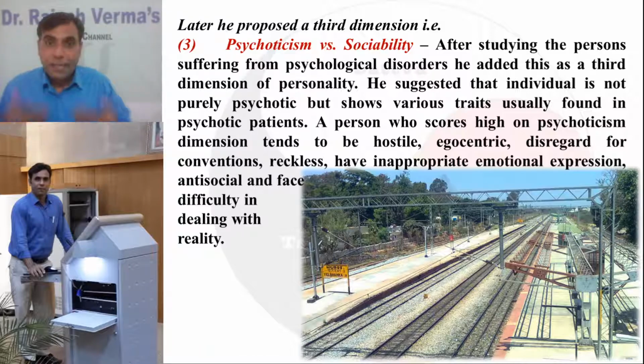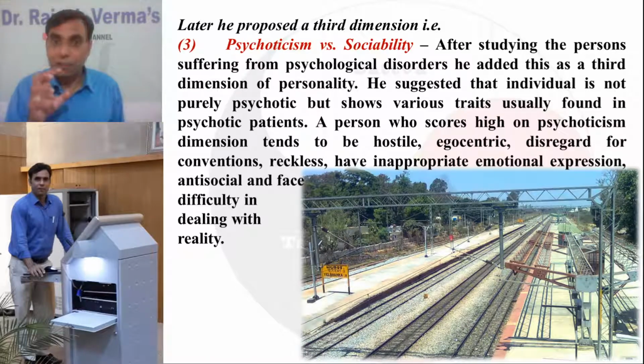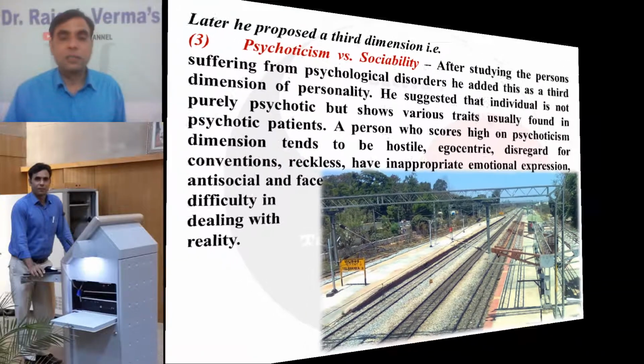If these characteristics predominate our behavior, in that case, we can be classified as psychotic. And the people on the other end of the dimension are sociable, just the opposite. So this was the third dimension suggested by Eysenck, and the basis of this dimension was his study of persons who are suffering from psychological disorders.